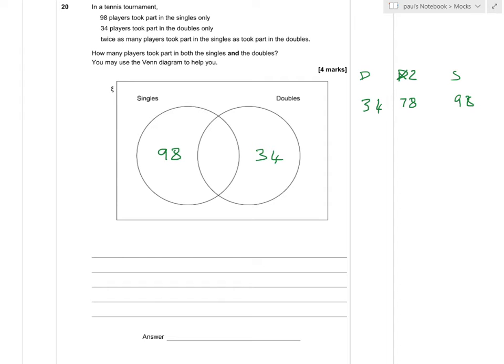So let's have a look. It's gonna be algebra. Otherwise, this is trial and error forever, right? So 34 plus x times 2, double it, equals 98 plus x. Okay, so that's 78 plus x.